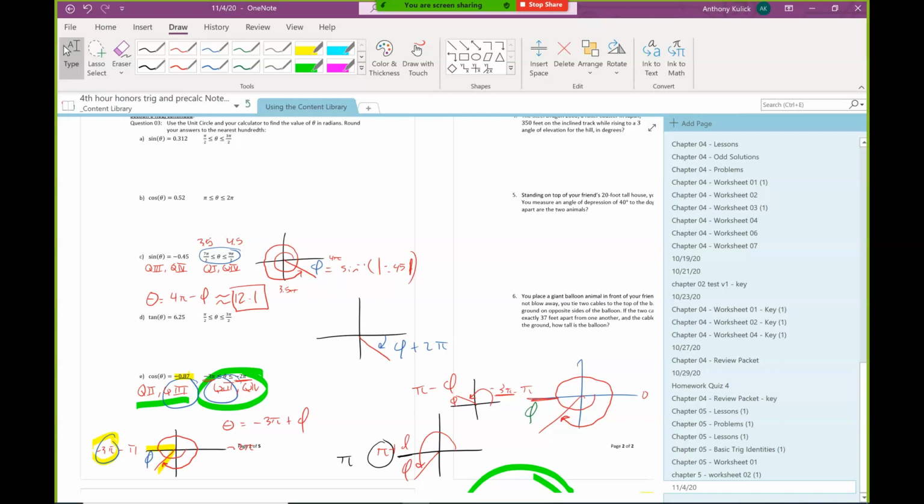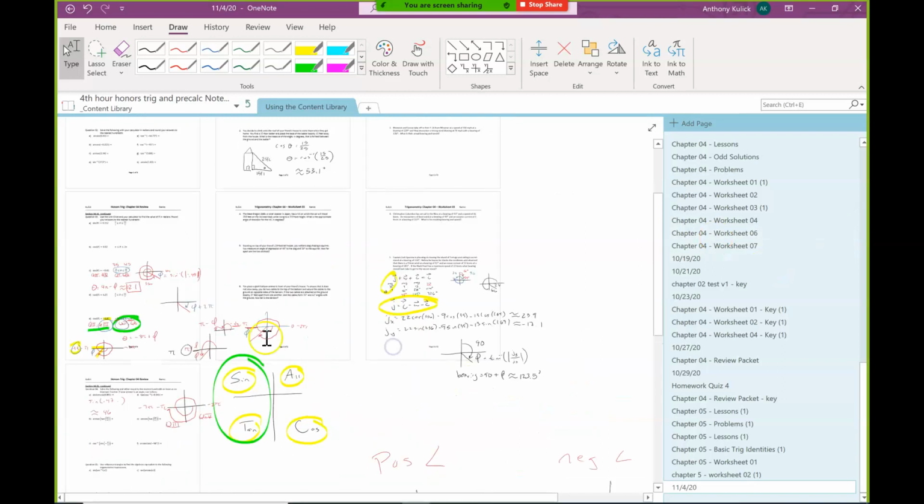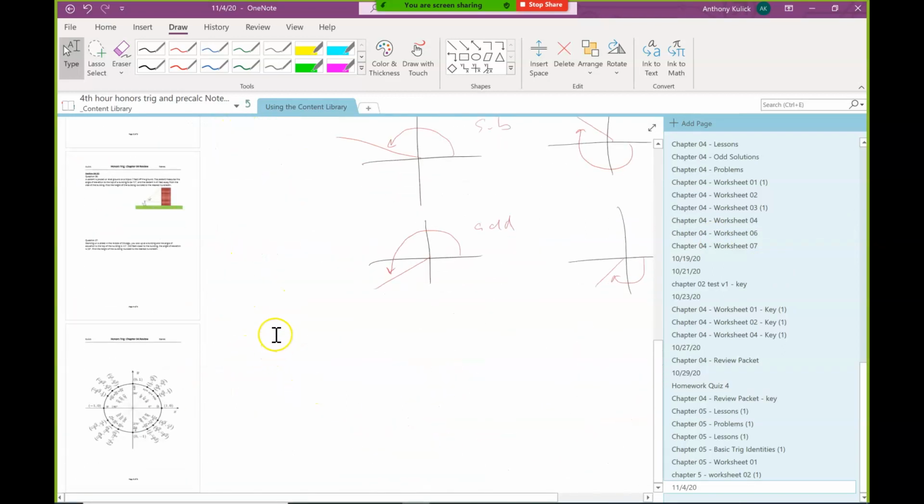So our new section, our new chapter. It's exciting. This is my favorite topic in trigonometry because it's like puzzles. You guys like puzzles?